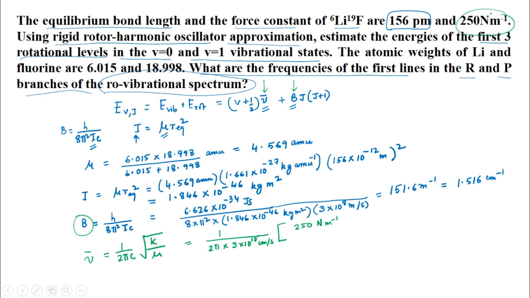So, this is given here, divided by mu, that is 4.569 a mu times 1.661 times 10 to the power minus 27 kilogram a mu inverse. So, this whole thing in the bracket to the power half, and this gives the answer as 963.7 centimeter inverse or wave numbers.